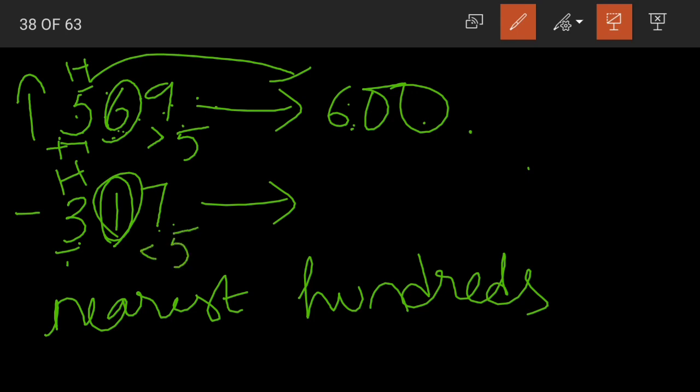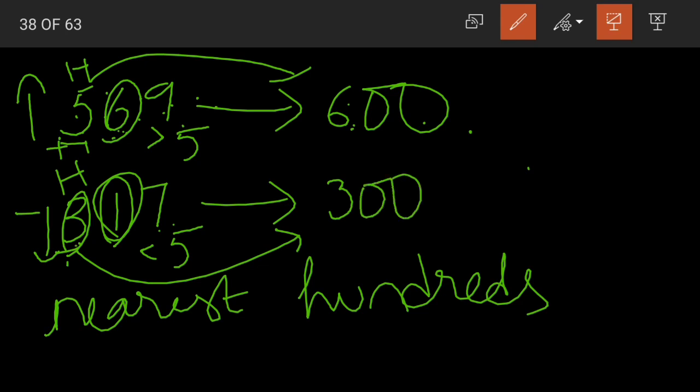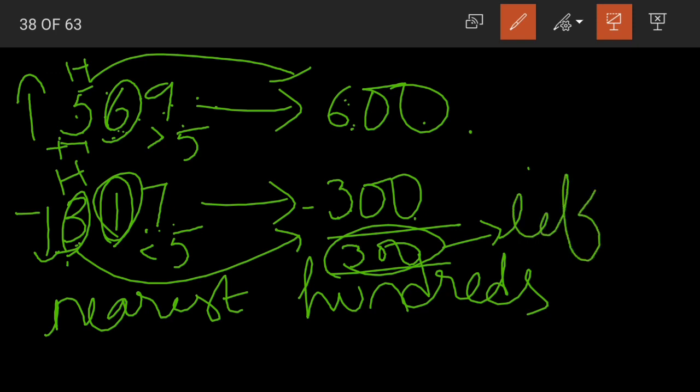Here 1 is less than 5. So we round down, 3 as it is and the remaining 2 digits replaced by zeros. So 317 becomes 300. Now we need to find the difference. 600 minus 300 gives us 300. So about 300 crops are left with the farmer.